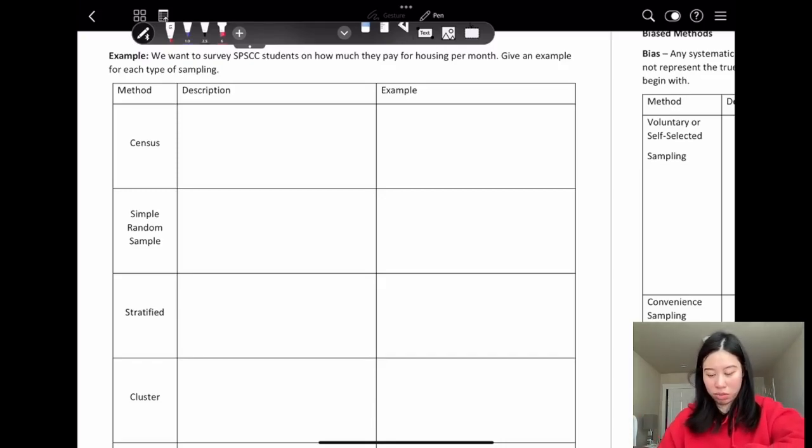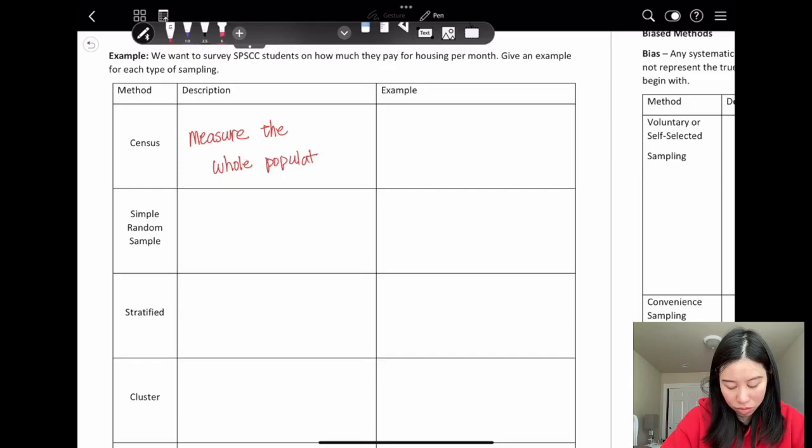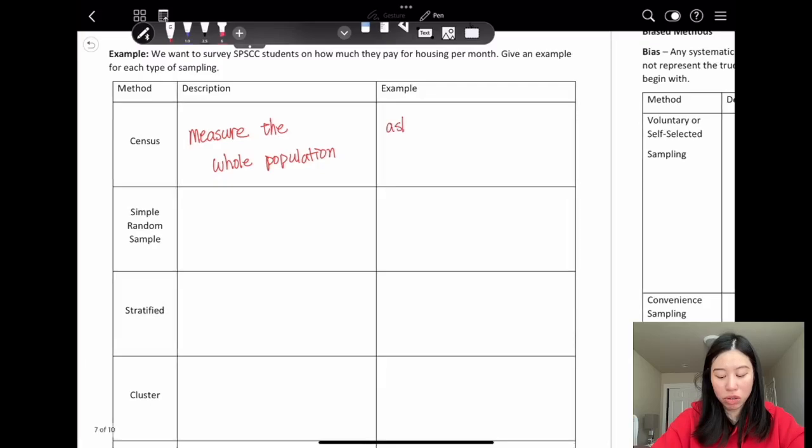So in our example, that means we want to ask every single SPSCC student.